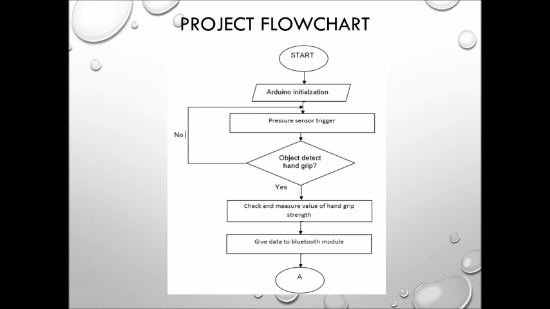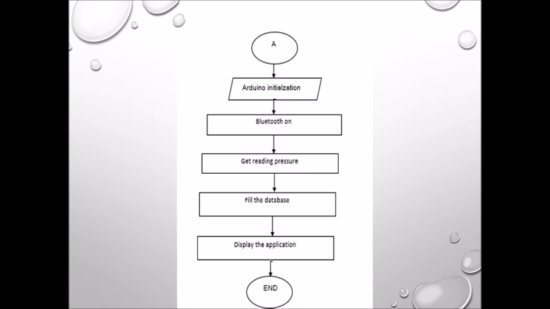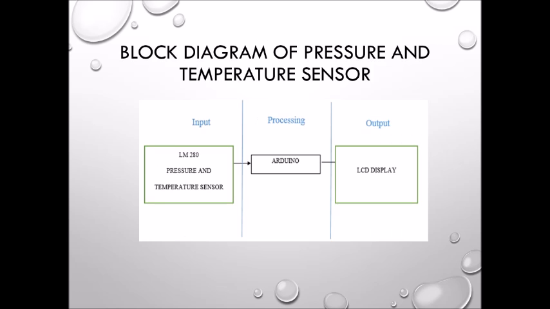The input is the LM280 pressure and temperature sensor, and its data will be processed at the Arduino. After that, the Arduino will output to an LCD display, which is interfaced with the Bluetooth module.